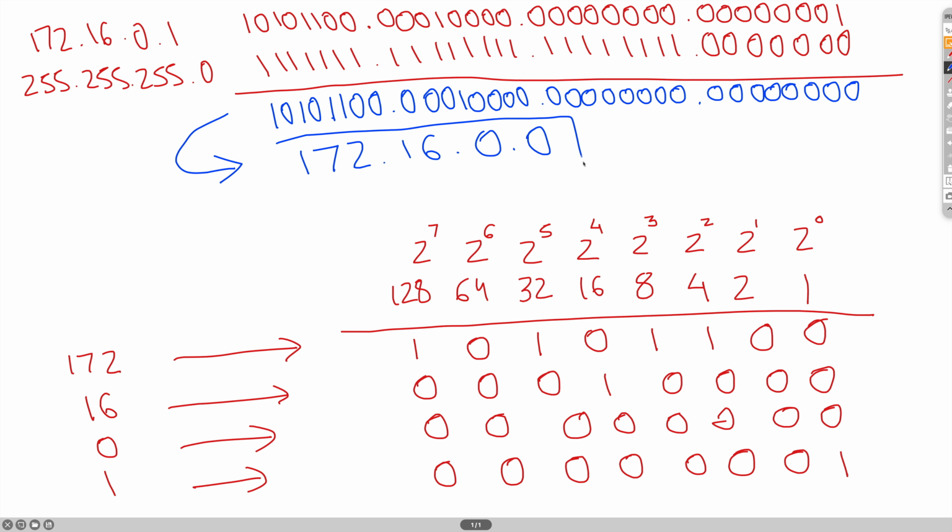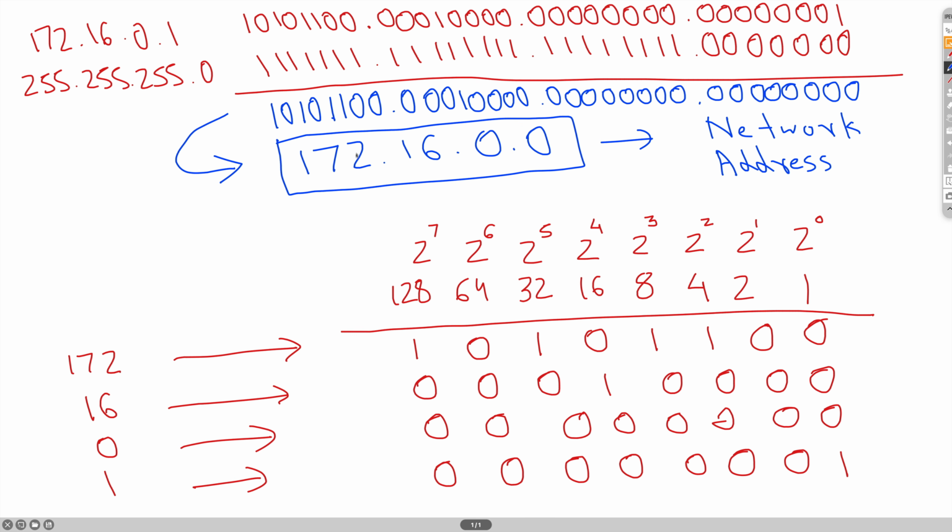So that means that this is our network address. And that was the whole point of Bob's PC running this binary AND operation in the background. All it was trying to do was determine its own network address.